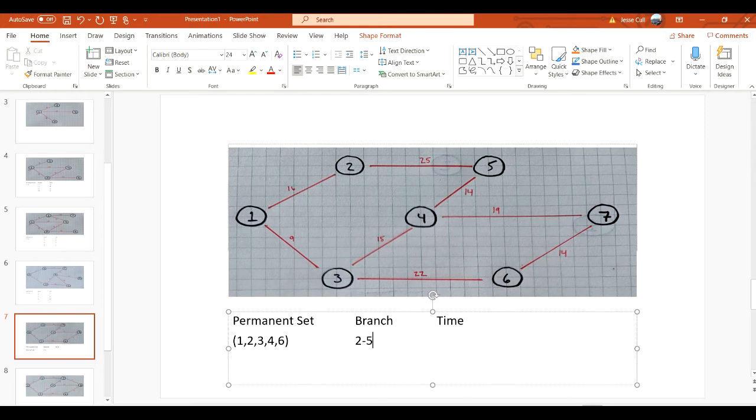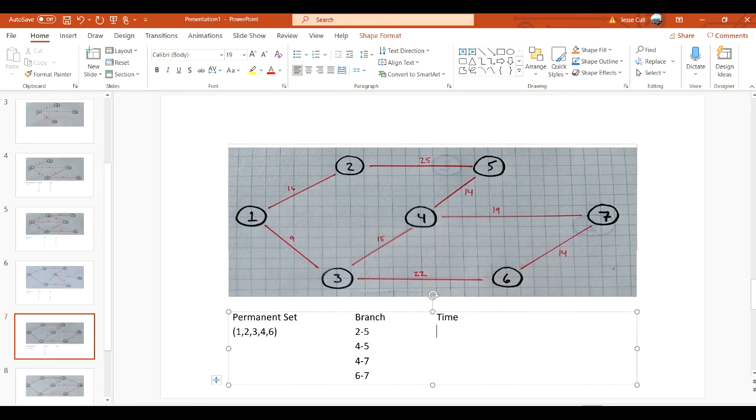Next, branches 4, 5, not covered. Branches 4, 7, not covered. And branches, like we just saw, 6, 7, not covered. So all we're going to do now is we're going to check our times.